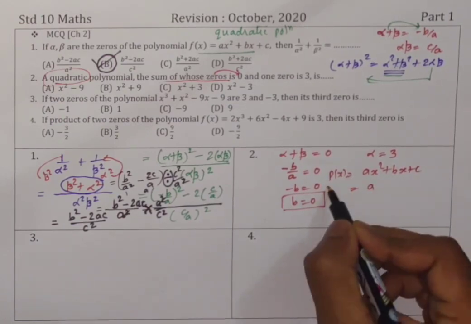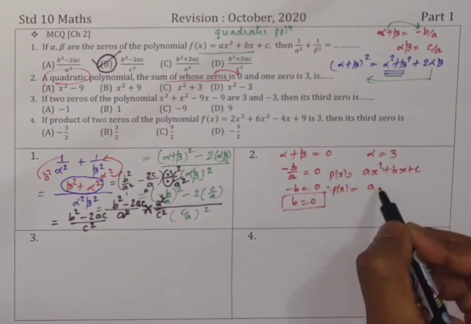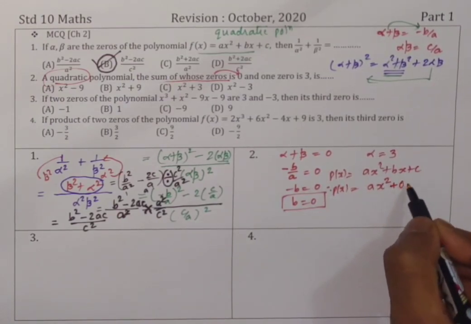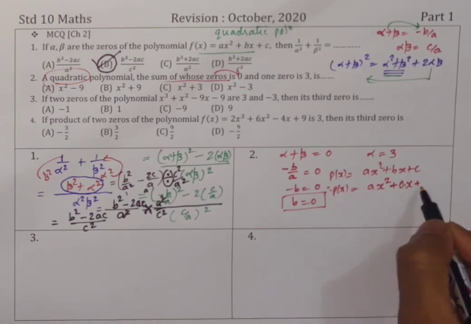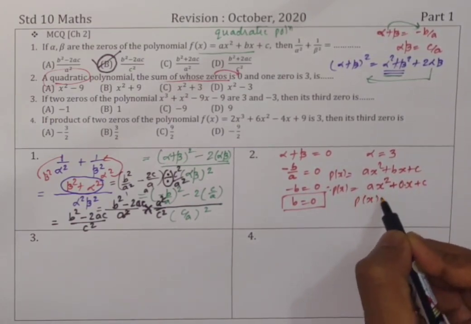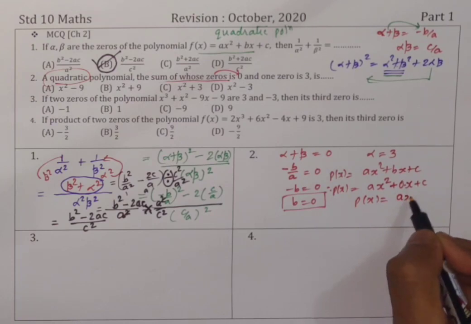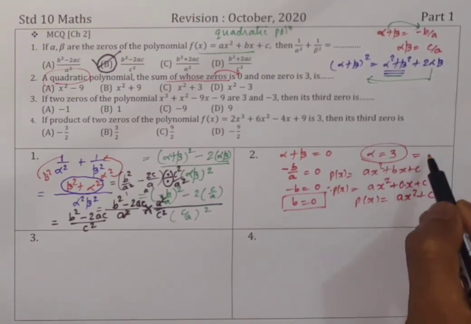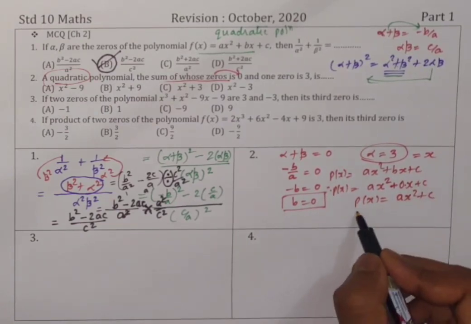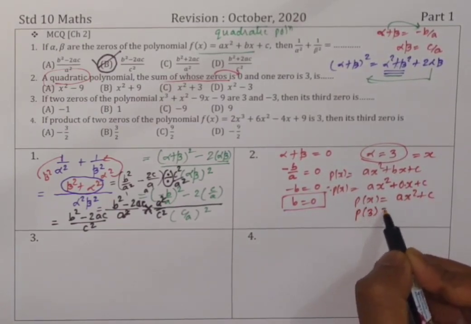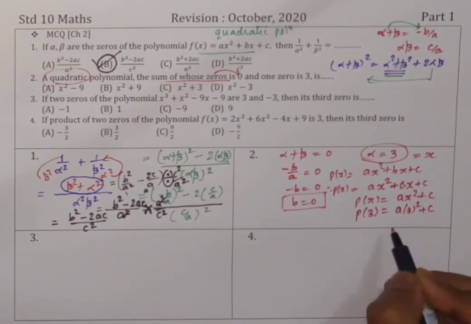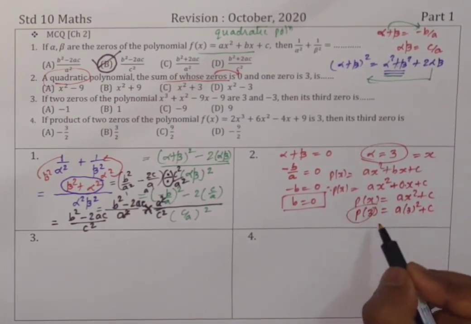Therefore p of x is equal to ax square plus 0 into x plus c. So p of x is equal to ax square plus c. But one of the zeros alpha, or you can say x, equal to 3. So p of 3 is equal to a into 3 square plus c. Now p of 3 equal to 0.